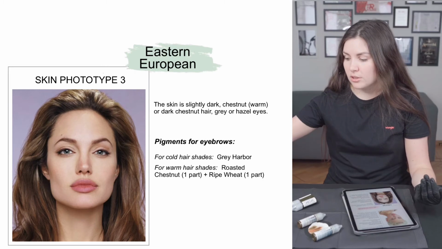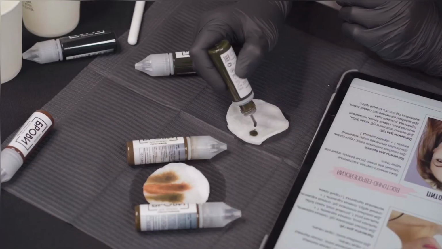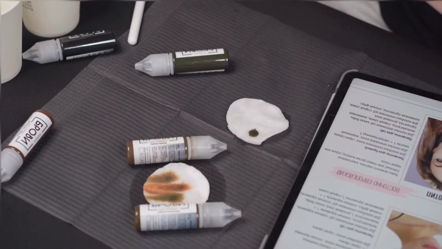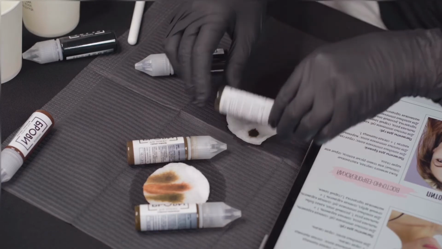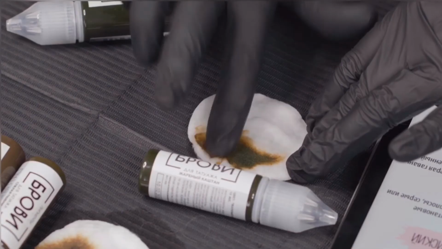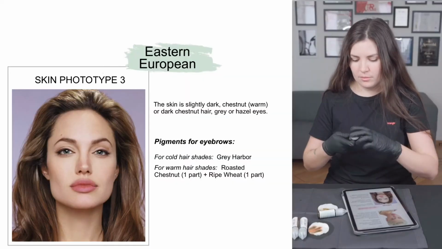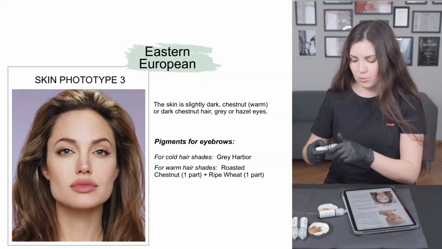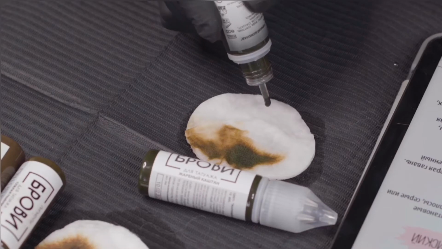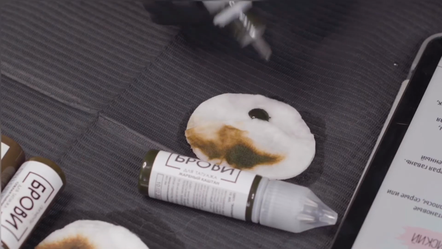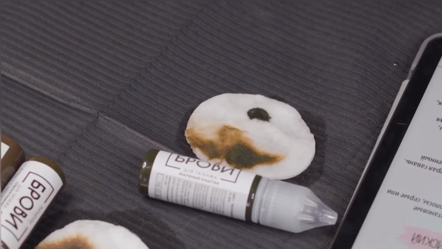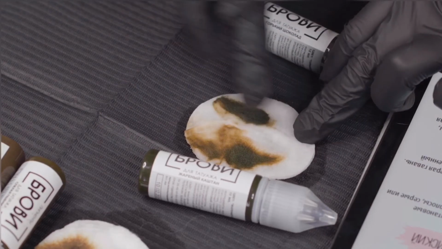Let me show you what it looks like. This is roasted chestnut. The bitter chocolate will be a little darker and has more of a yellowish base. And as we already know, the yellow base is a cool base, and this is a bitter chocolate.